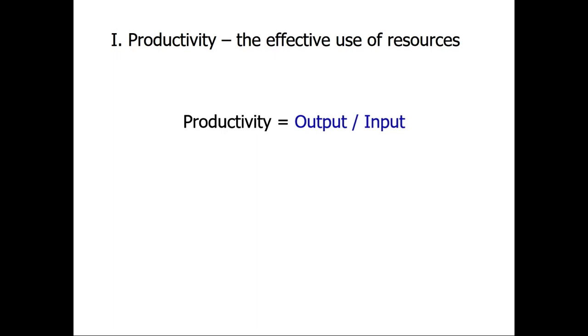So it's always per something, and that's what that little slash in the middle is. While we'll say, oh, that's the sign to divide, and you're correct that mathematically we divide the output by the input, when we interpret it, we would say that our productivity is some level of output per some level of input, and you'll see a little bit more about how that fleshes out right now.